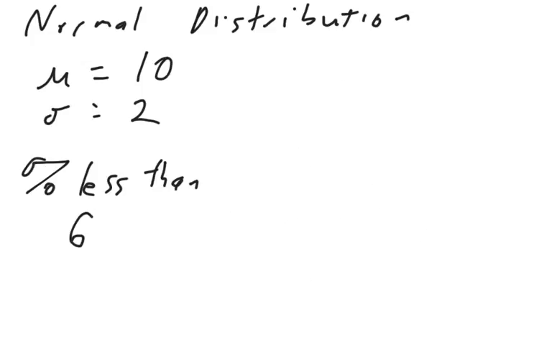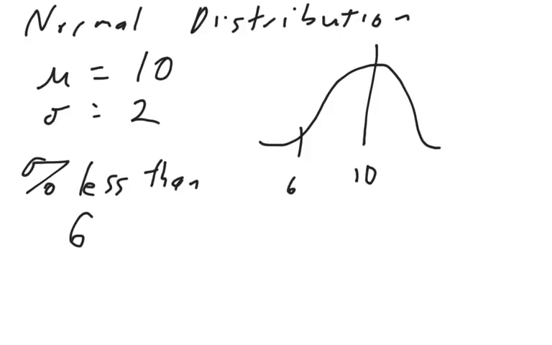Alright, the next problem we're going to do is the percentage that is less than 6. So here's 10, here's 6, which is -2 standard deviations, and so I want to know what percentage is in here. Well, if I go out 2 standard deviations, how much is in the middle? 95%.